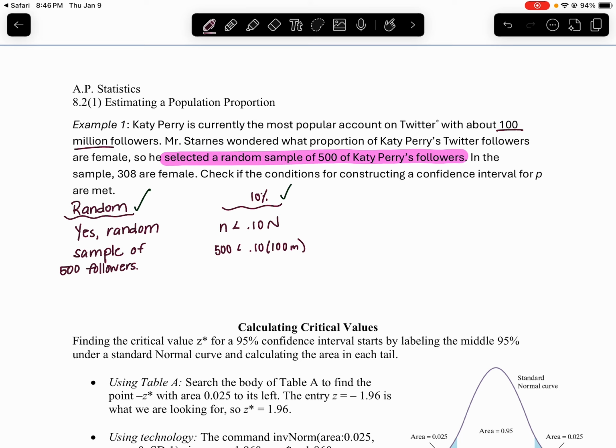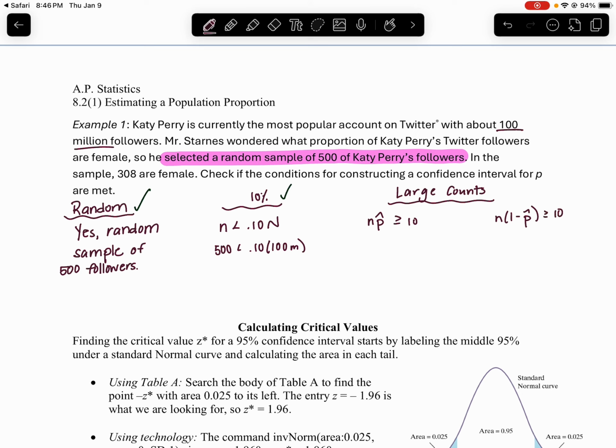And the last thing we need to check is that large counts condition. All right, so our large counts condition, remember we have 2 things to look at, is n times p hat greater than or equal to 10. And so remember that represents our successes. And then our failures, which is n times 1 minus p hat, is that also greater than or equal to 10.